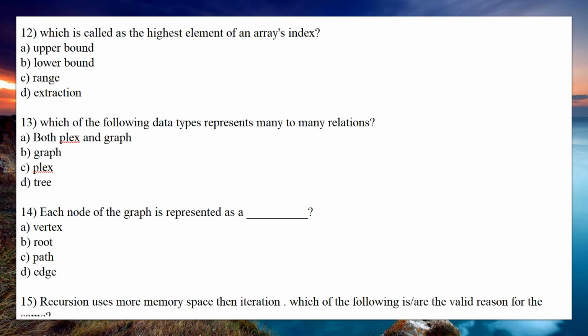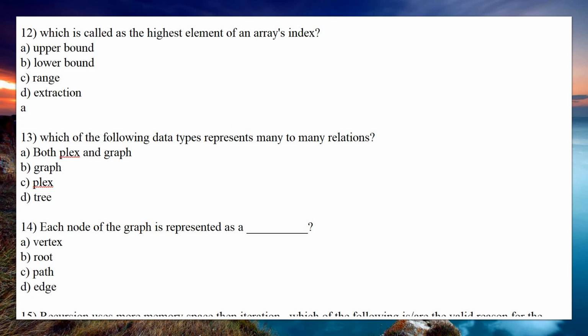As the name indicates, for the highest element of an array's index, option A is the correct answer. Upper bound is always the highest element of an array index. Lowest element means lower bound, but here they asked for the highest element, which is called the upper bound.